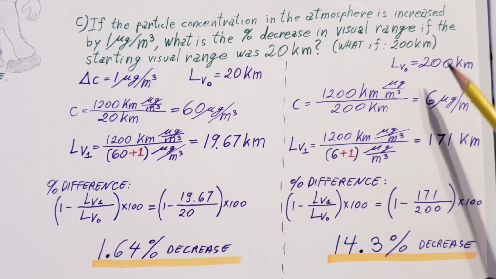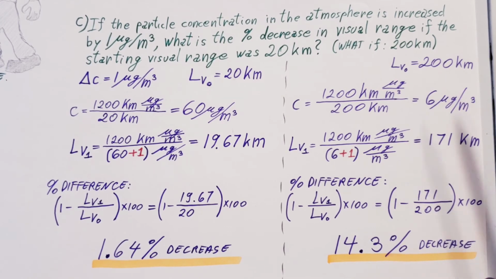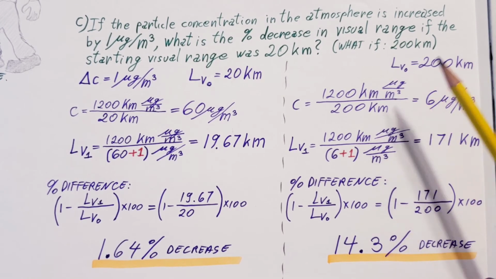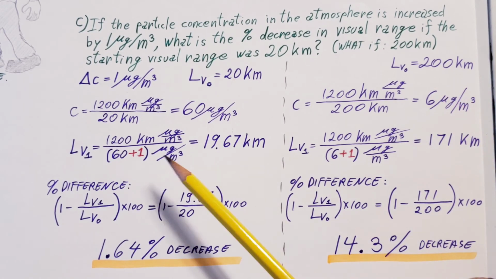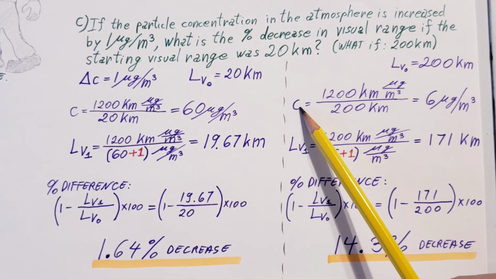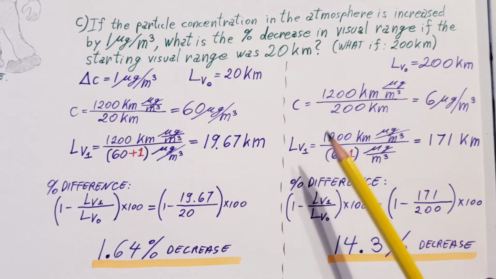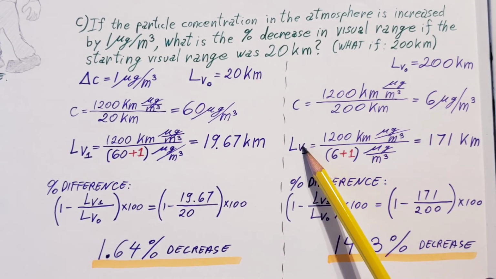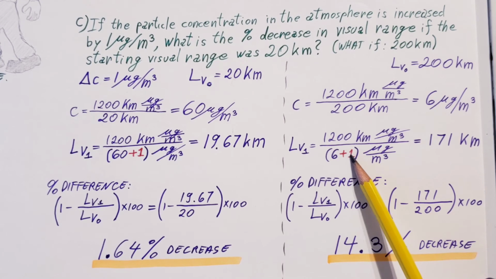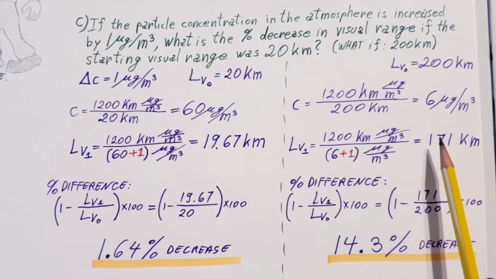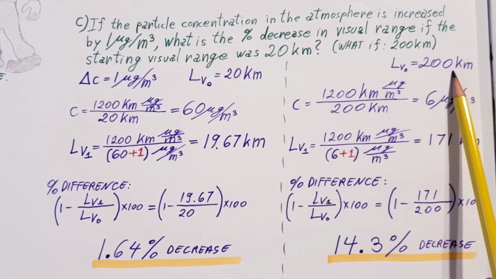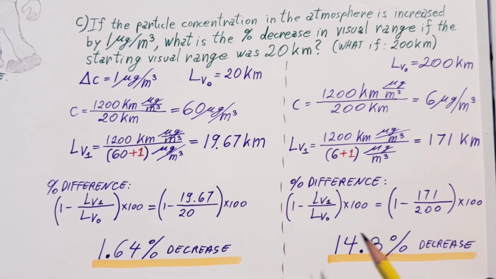Now, same calculation for the 200 kilometer version. I'm not going to go into as much detail since it's the same logic, but my concentration is only 6. After I increase the concentration, my new visibility is 171, down from 200, and the percent change is 14.3%.